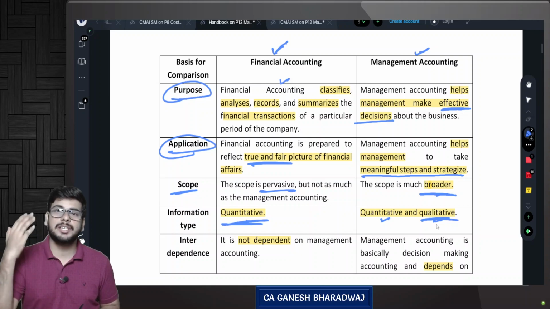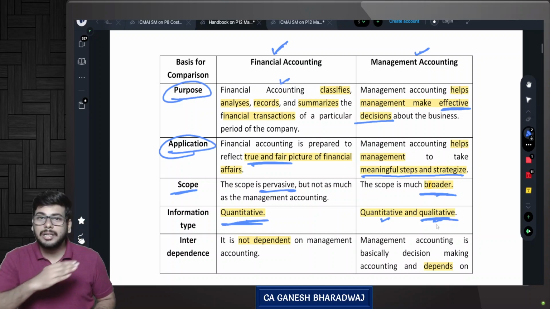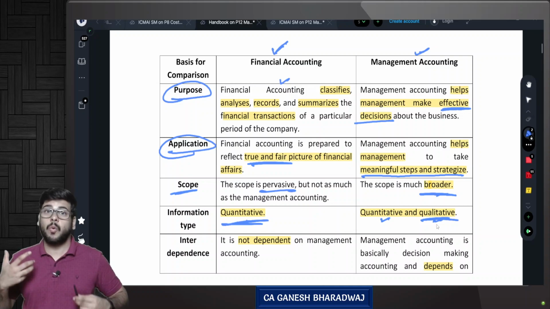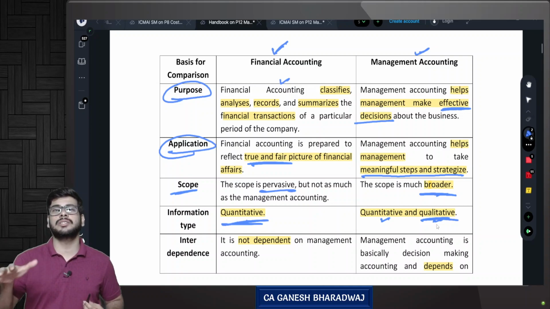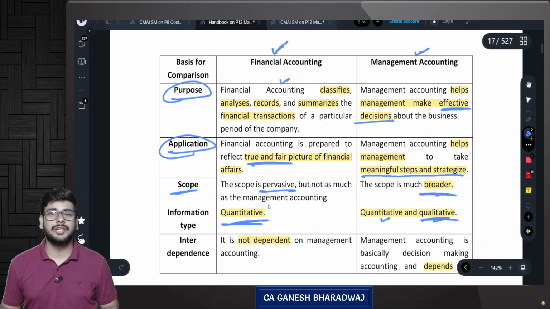If you go after 6 months and see, for every unit produced, he will be taking only 40 minutes of time. It's called a learning curve effect. So these are all some qualitative factors that are also considered in our subject, management accounting. All of these things are not considered in your financial accounting. Clear? I just gave an example.